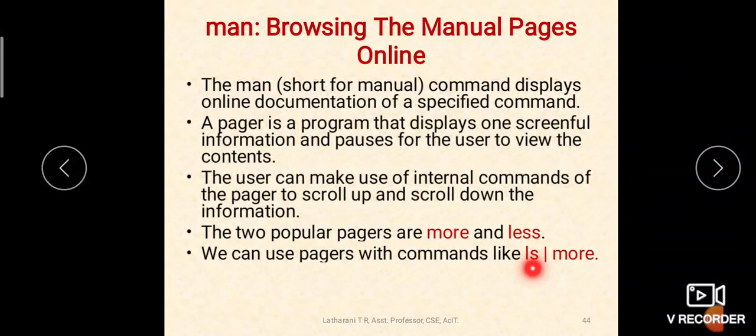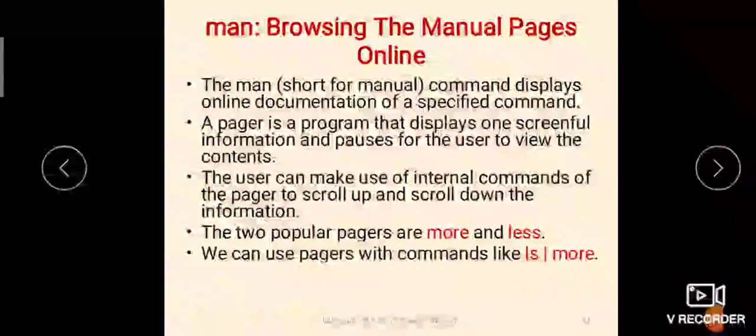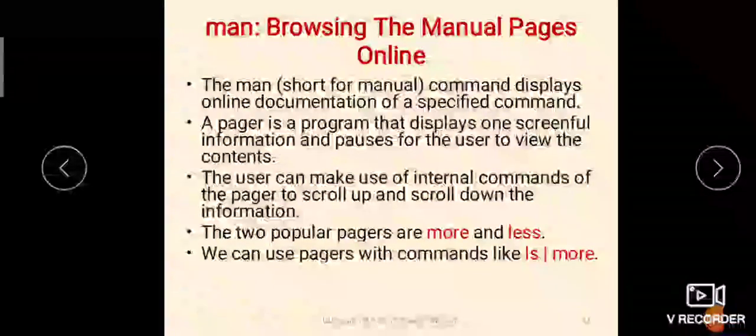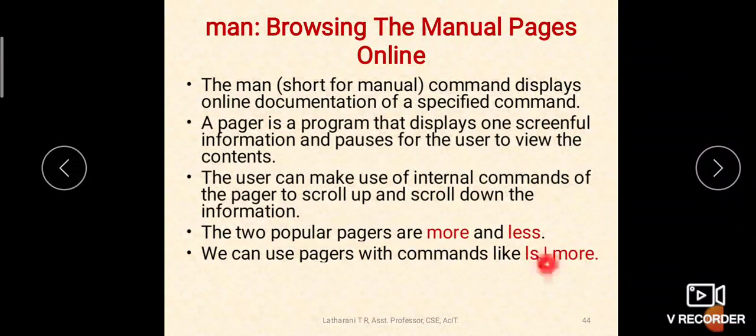If the output of ls is, let us say, 3 screens long, then more will show the output of ls page by page, because the output of ls is given as an input to the more command. That is the work of the pipeline. We will execute some commands and see, then it will be more clear to you what the pipeline symbol is.